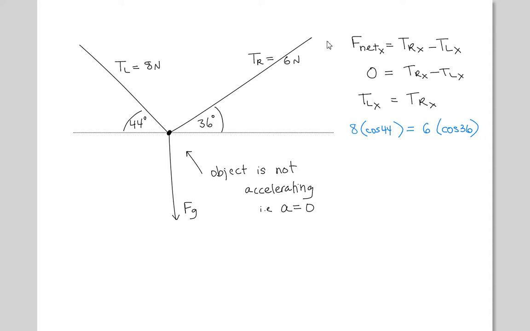Do you expect them to be the same? As an experimenter, were our devices perfect? Was my measuring with the protractor perfect? So what do you expect? A little bit off. We should expect some experimental error.